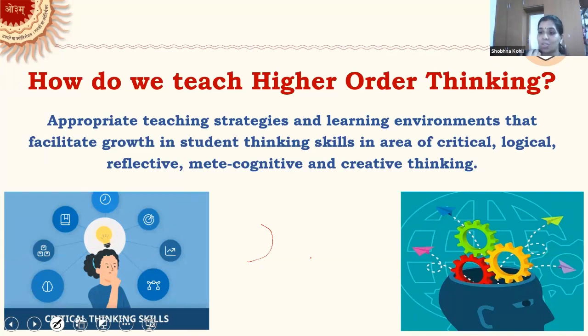Here the child has to think, again, using higher order thinking skills: analysis, evaluating, and creating. The child has to analyze what we have asked him to do. He has to divide all the information into small parts if required, connect them, find out what answer he needs and what step he is taking. He has to see whether it is right or wrong, and then come to the answer.